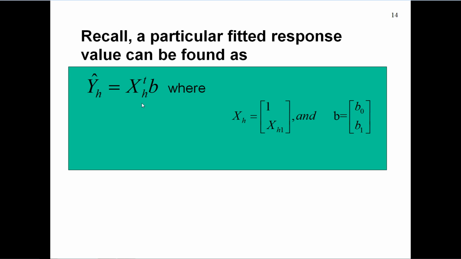In order to do that mathematically using matrix notation, we have to take the transpose of x sub h. X sub h transpose becomes a 1 by 2. The vector b is a 2 by 1. A 1 by 2 times a 2 by 1 gives us a 1 by 1. That's the fitted value at that particular level of x.